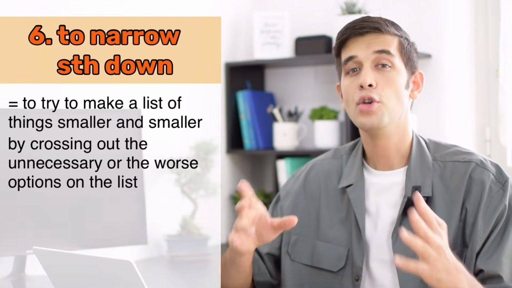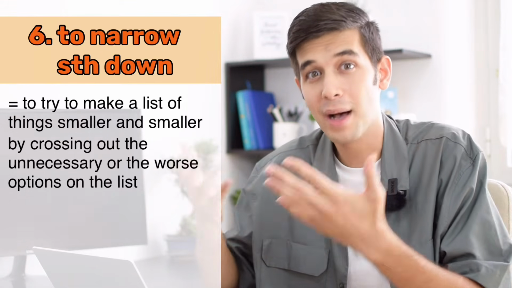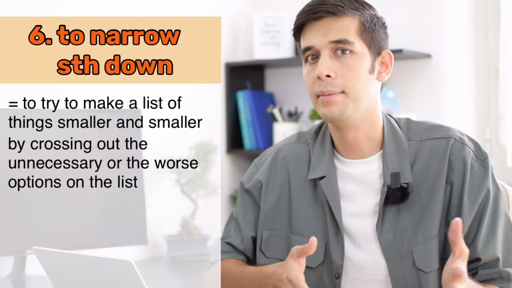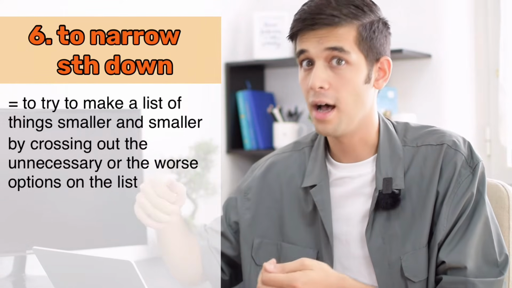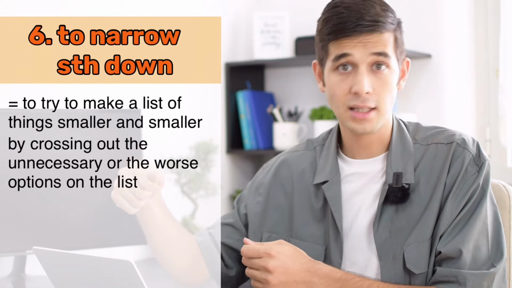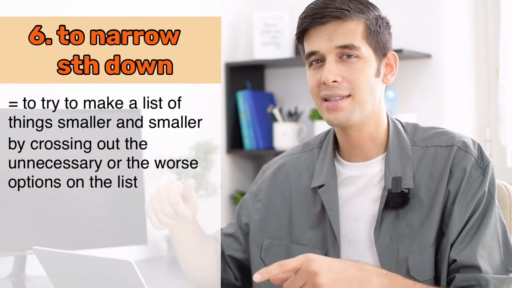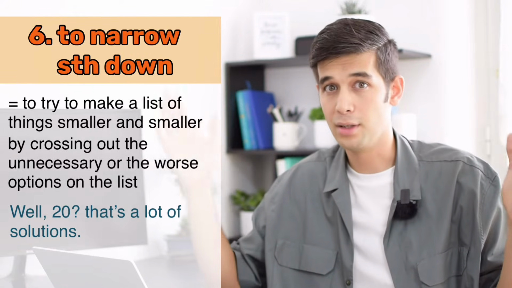Now imagine your boss has asked you to come up with a couple of possible solutions to a problem. You make a list of 20 solutions, you go to your boss's office and say, all right, I have a list of 20 possible solutions. And your boss says, well, 20, that's a lot of solutions.